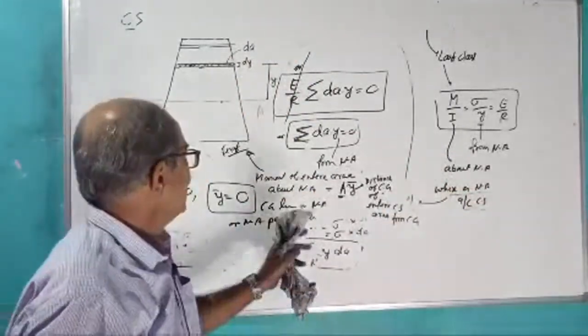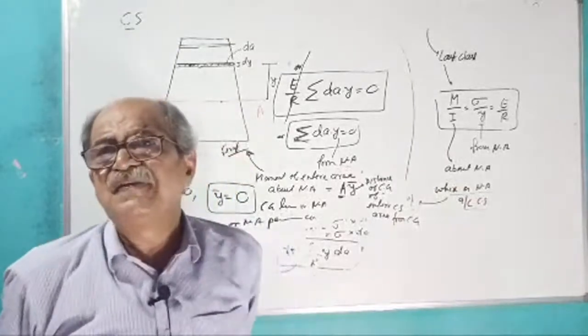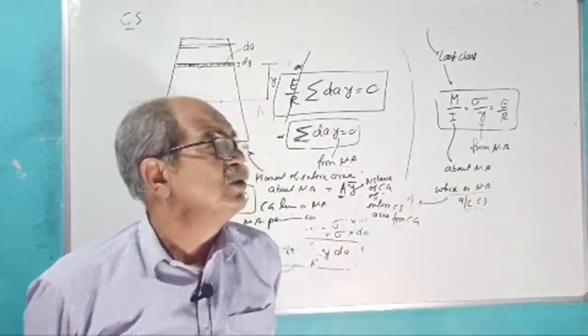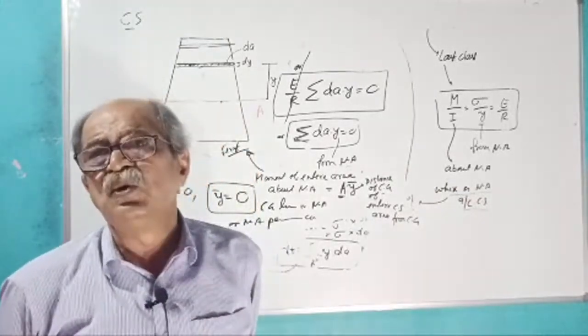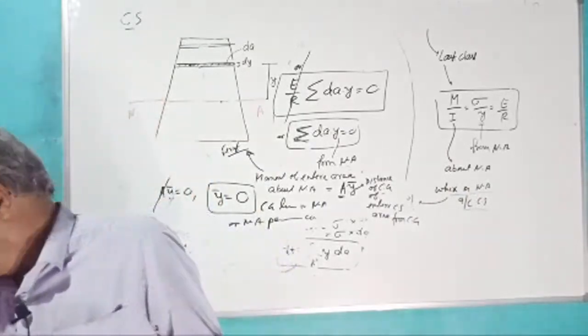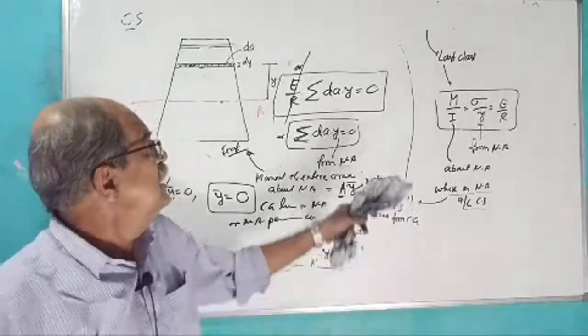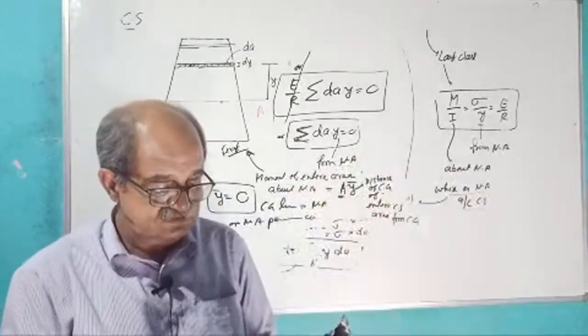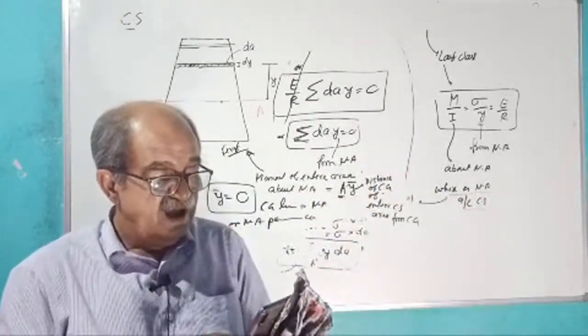Fully clear right here. Therefore, neutral axis passes through CG. So, neutral axis is also the centroidal axis. Clear or not? Fast tell me. This point clear?